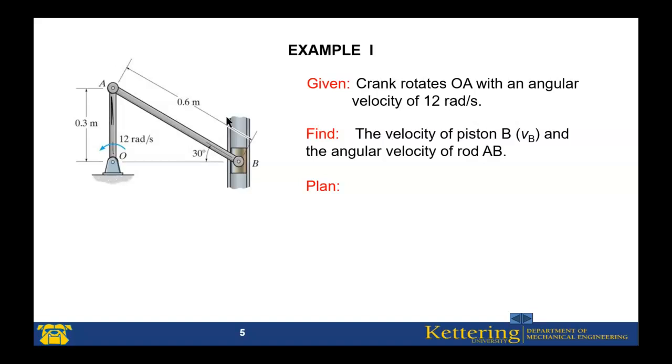As you saw, omega OA is 12 radian per second. You need to find VB and the angular velocity of AB.